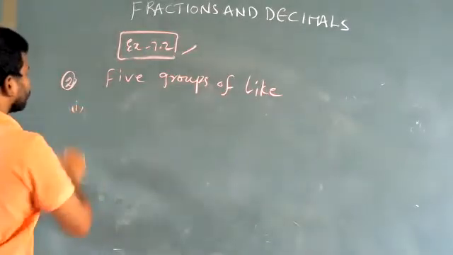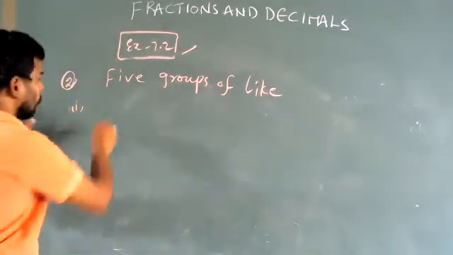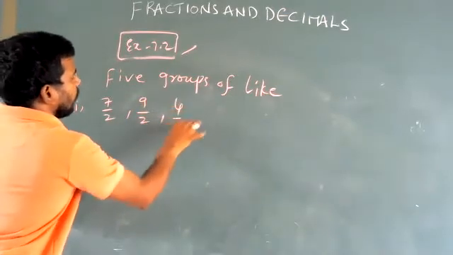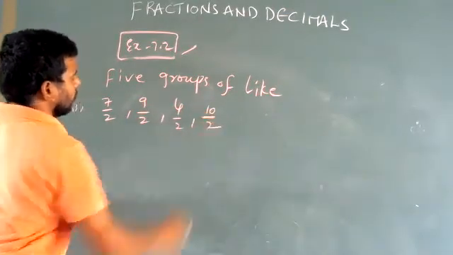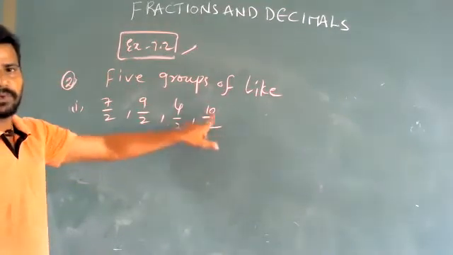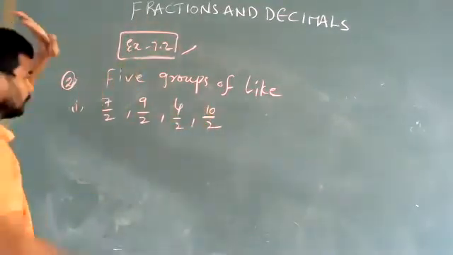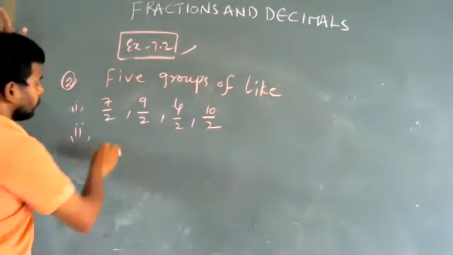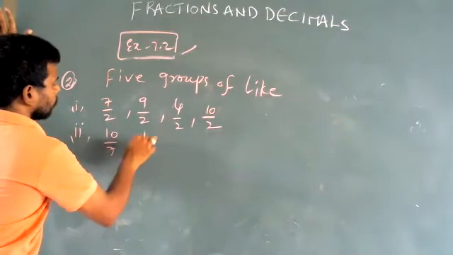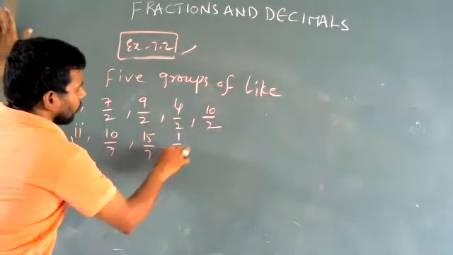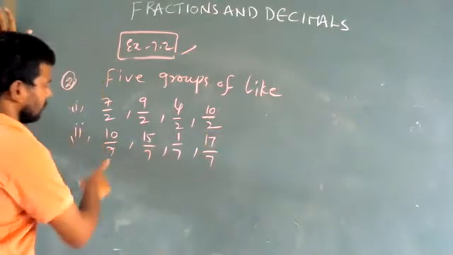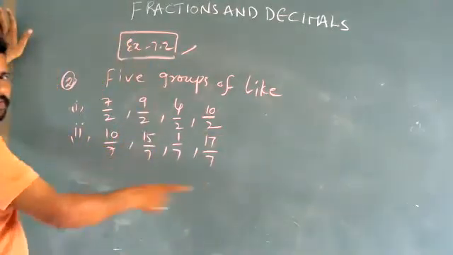First group, I take denominator 2: 7 by 2, 9 by 2, 4 by 2, 10 by 2. 2, 2, 2, 2. So this group is like. Next, second one, I take denominator 7: 10 by 7, 15 by 7, 1 by 7, 17 by 7. 7, 7, 7, 7. All are same.